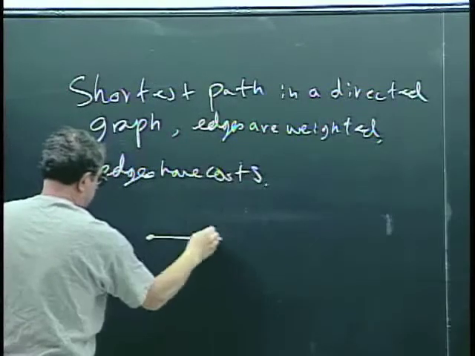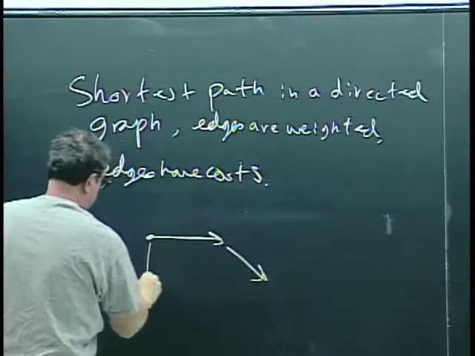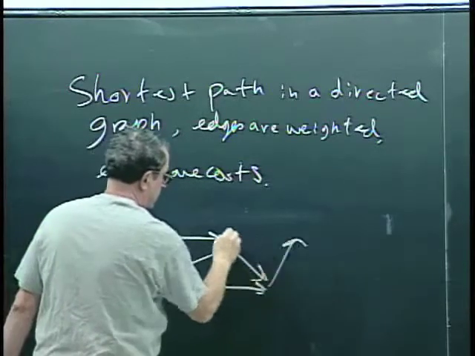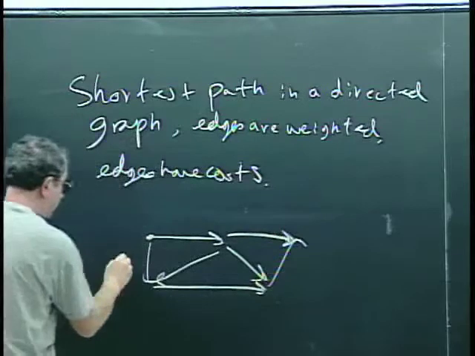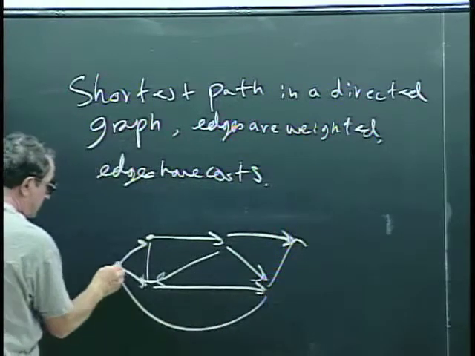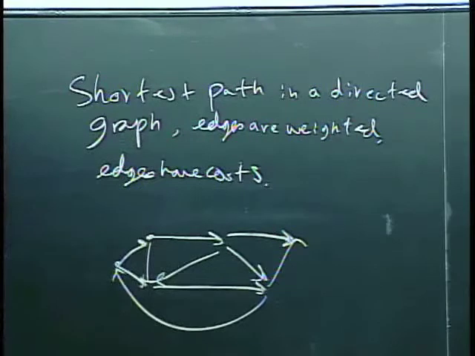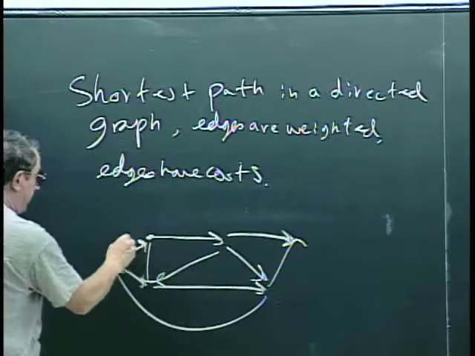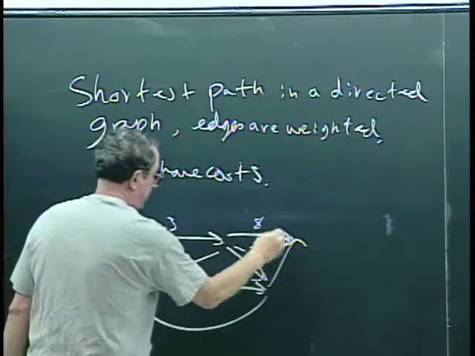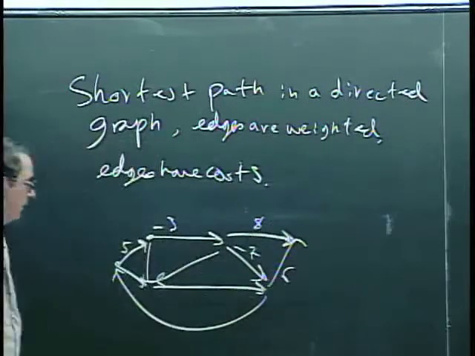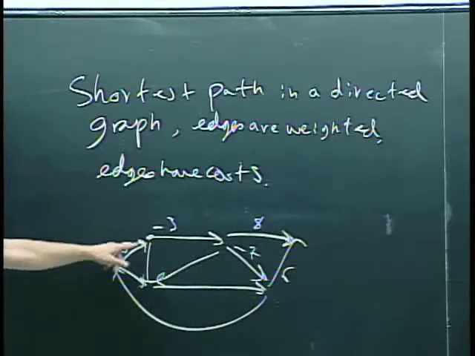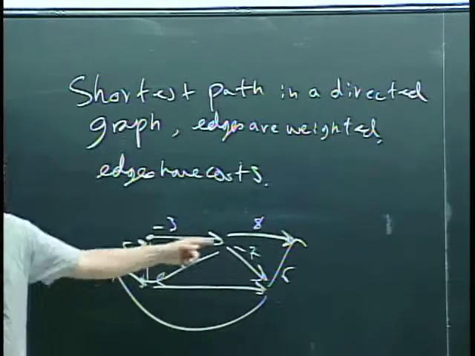Okay, so here's an example of a graph, and negative edge weights are possible. So this might be a 5, -3, -7, 8, 6, whatever. So it's advantageous if you're trying to find the shortest, the minimum total weight path.